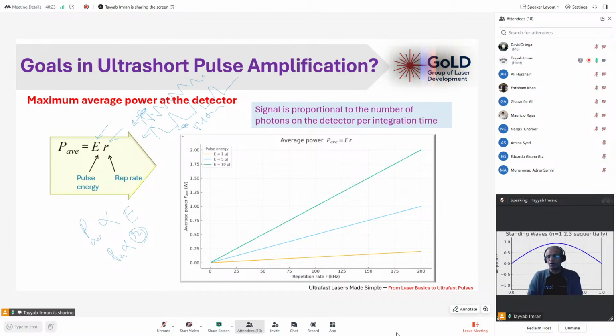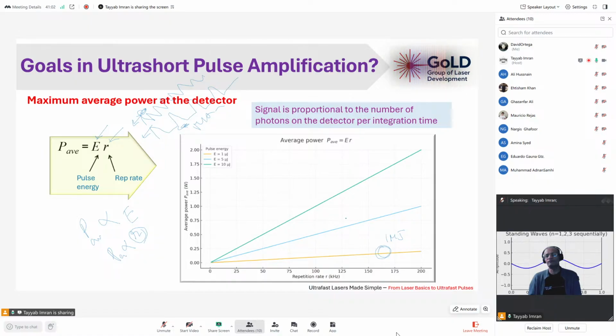And the plot on the right side also shows the repetition rate versus average power. At different energy, 1 microjoule, 5 microjoule, 10 microjoule, it is plotted. You can see that the repetition rate is increasing in the case of 1 microjoule, and the average power will also be increasing, even though it's a little increase.